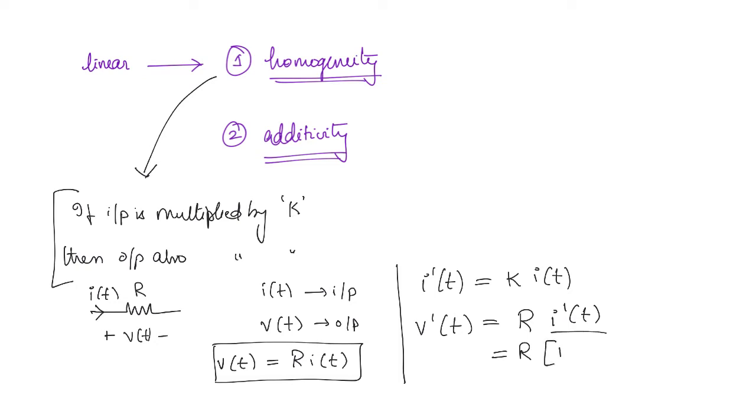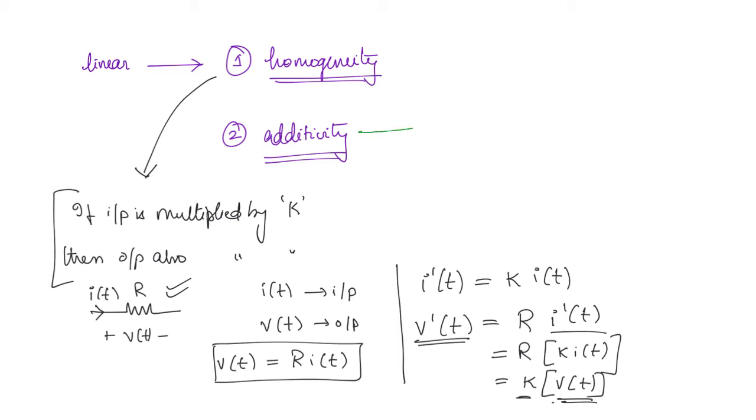It is k into I of t. But what is R into I of t? R into I of t is nothing but the old voltage V of t. So you can see that the new output voltage is equal to k times the old output voltage. So you can see that the resistor will satisfy the property of homogeneity.